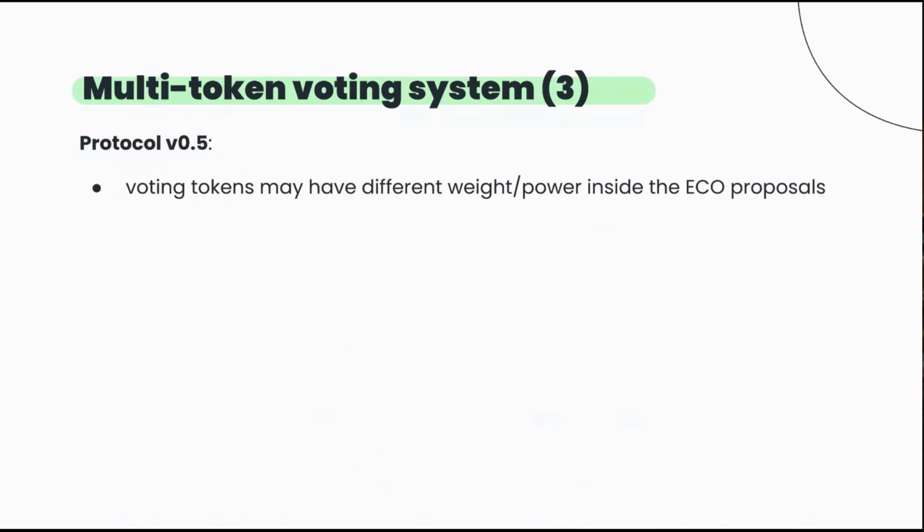So then the last point, but probably the most important, is that voting tokens may have different weight or power inside the ECO proposal.